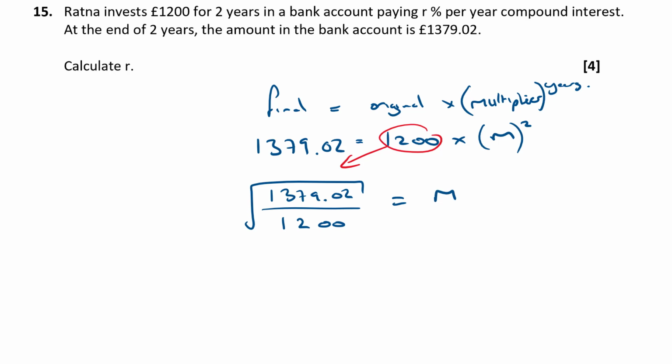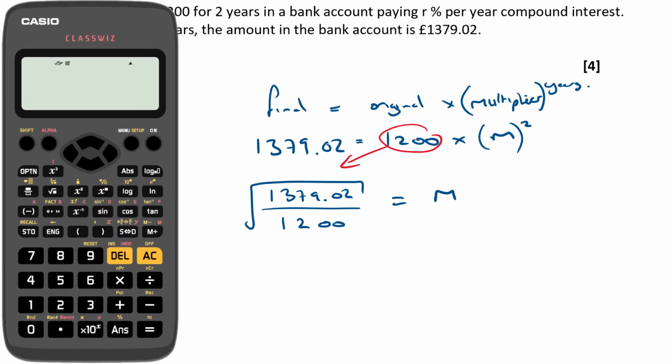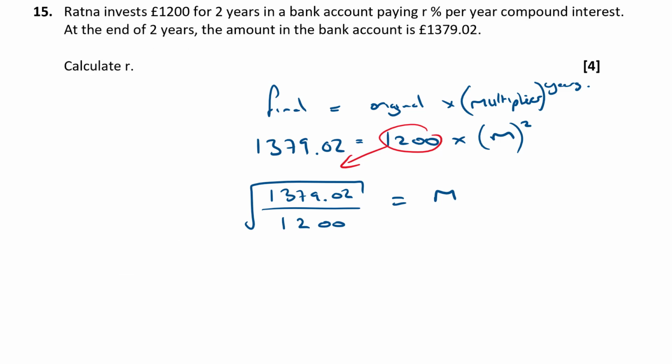Okay, so let's work that out. 1379.02 divided by 1,200 and then square rooted. That comes out to be 1.07199999, which I'm going to round off to 1.072.